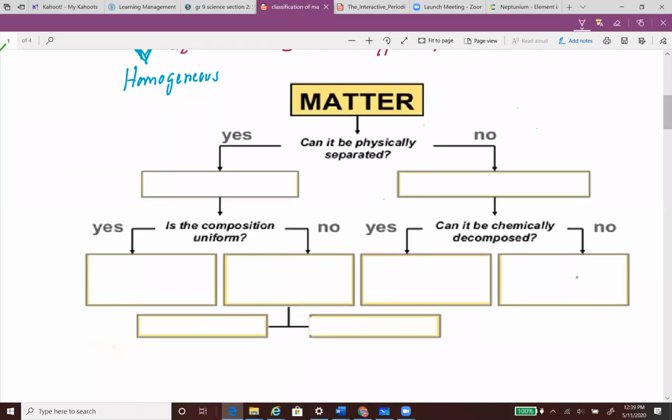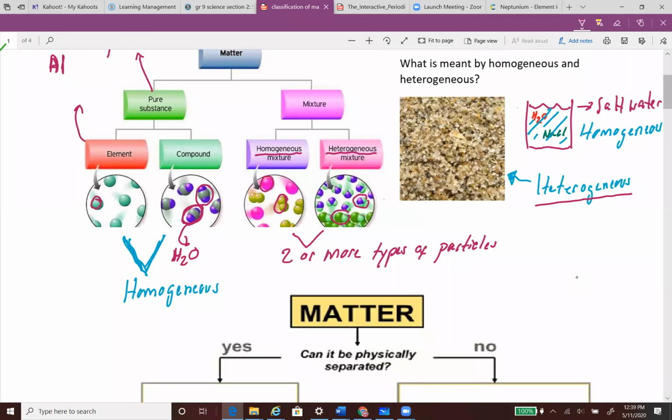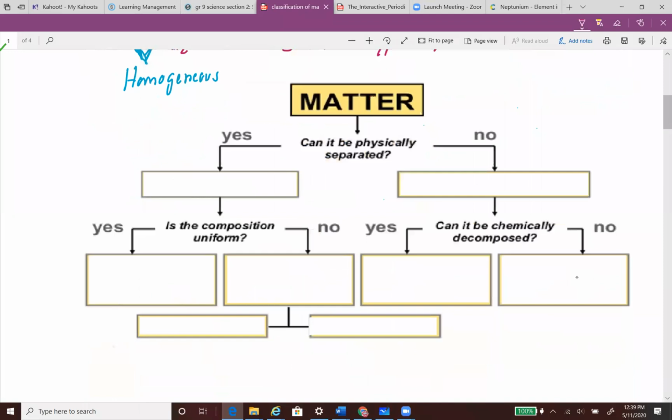So here's a little flow chart to help us understand this classification a little bit more. It says we know we can divide matter into two categories, pure substances and mixtures. So here's another way to look at it with questions. Can we physically separate the matter?